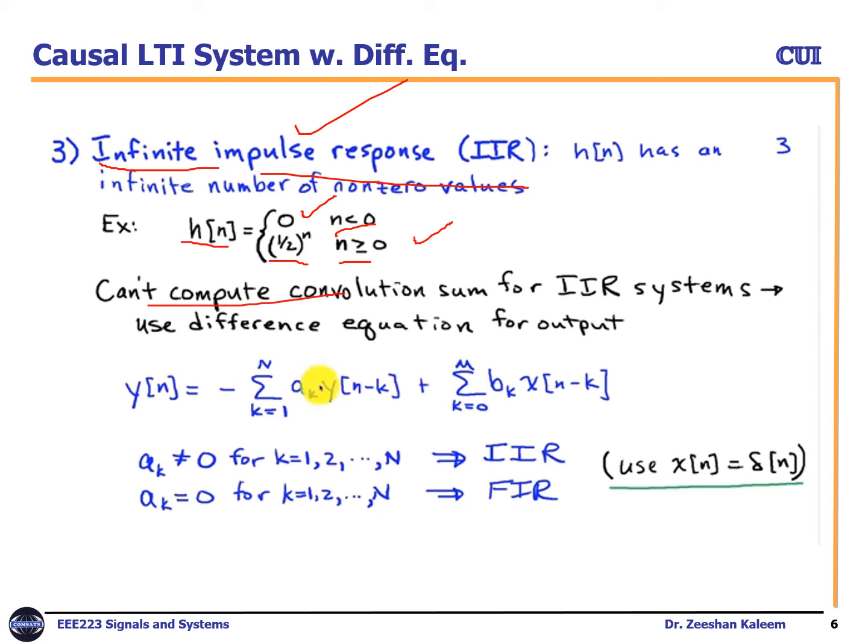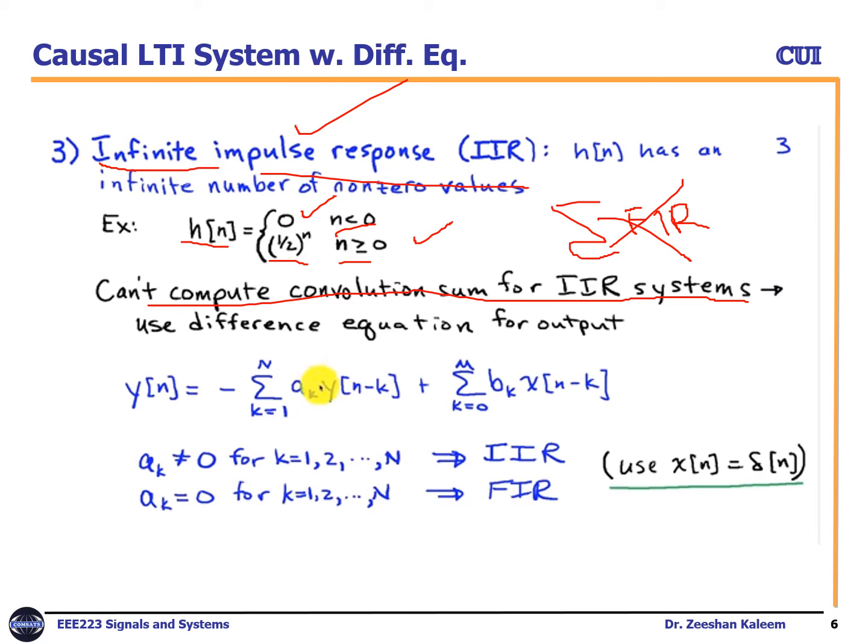So we can't compute the convolution sum for infinite impulse response systems. We calculated the convolution sum like this for the finite impulse response of a system, right? But if we have IIR systems, infinite impulse response, we can't calculate this sum.